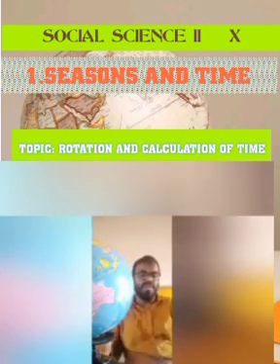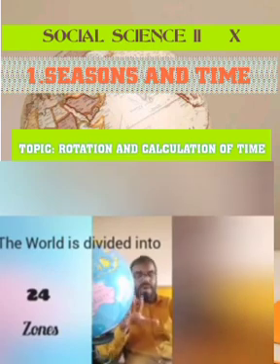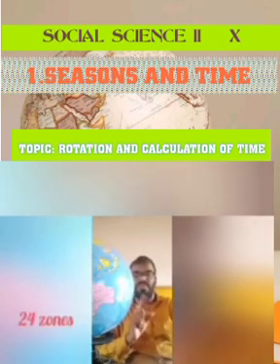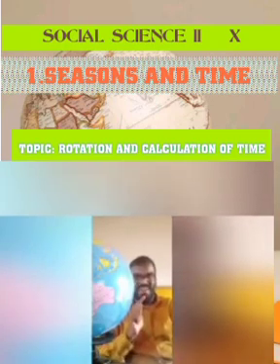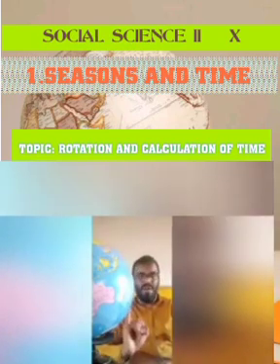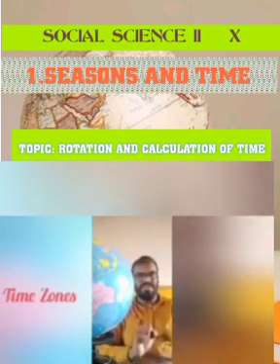Based on the Greenwich meridian, the world is divided into 24 zones, each with a time difference of 1 hour. 24 zones, 24 hours, 1 day. They are known as time zones.